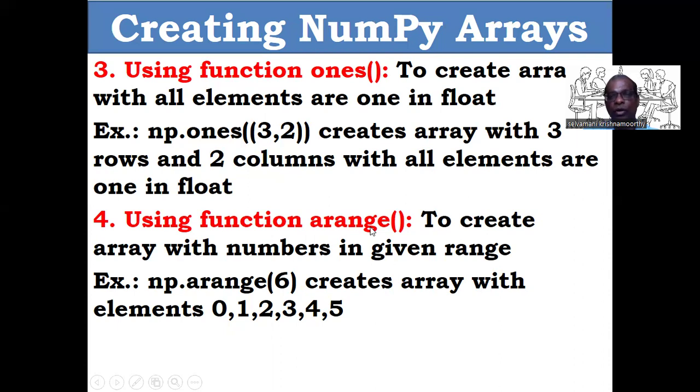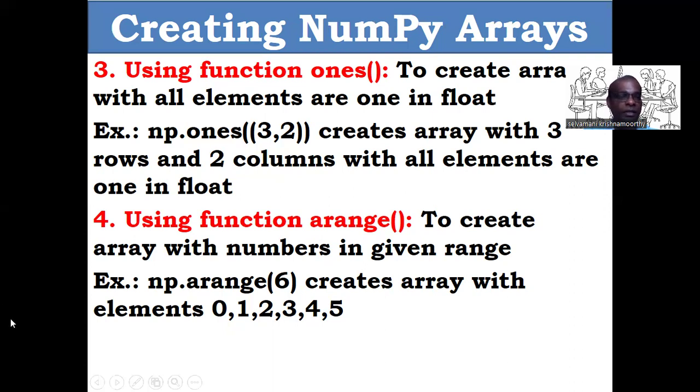Fourth method, using the function arange. This range we already studied under core Python. What is the usage of range in Python? It creates a sequence of numbers. Here, arange is the abbreviation of array range. Similarly, it is used to create an array with the numbers in a given range. The range returns a range of numbers, and these numbers will be filled as elements in that array.